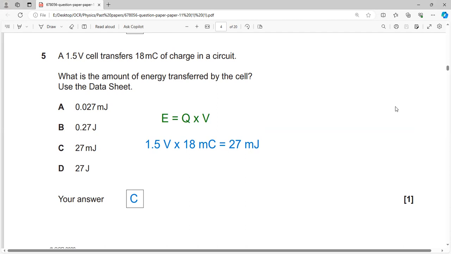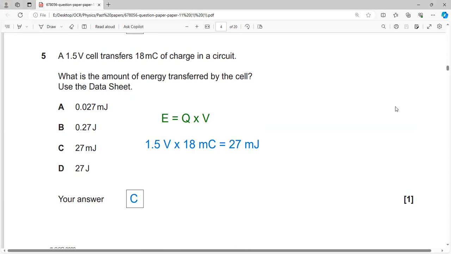The energy transferred in a circuit is equal to the total charge multiplied by the voltage difference. So here, the total charge is given, that is 18 millicoulomb, multiplied by the voltage, and that voltage is 1.5. If you multiply these figures, our answer is 27 millijoule.